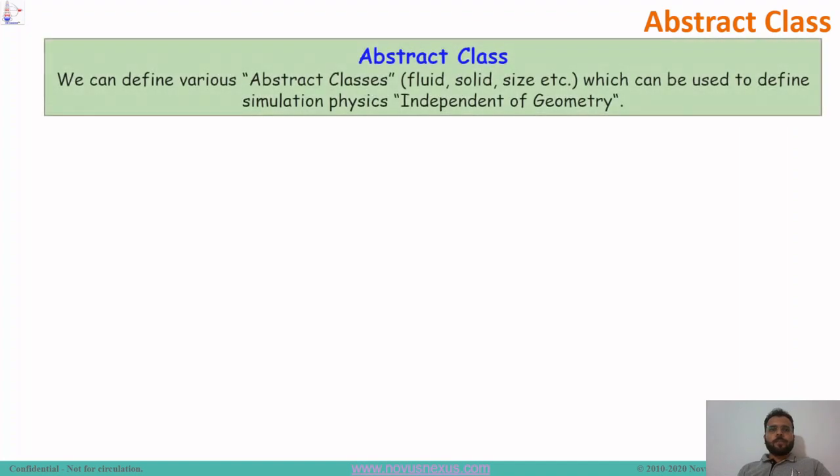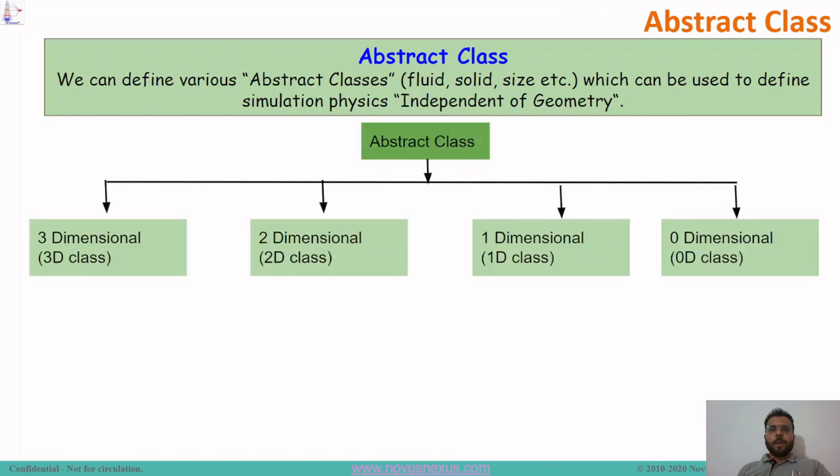Just to summarize about abstract classes, we can define various abstract classes like fluid, solid, size, etc., which can be used to define simulation physics independent of geometry. Abstract classes are entities which have some specific dimensions, like 3-dimensional, 2-dimensional, 1-dimensional and 0-dimensional.